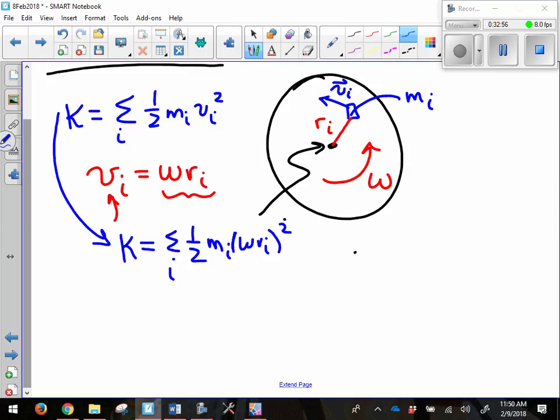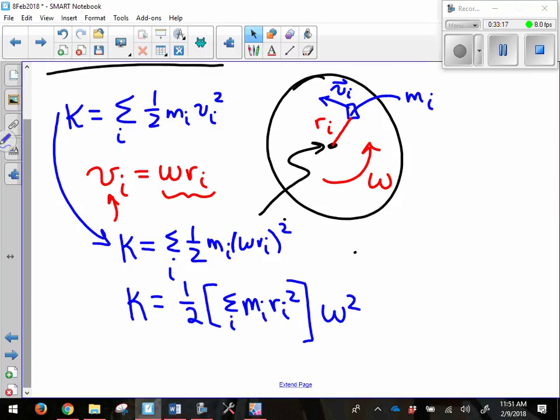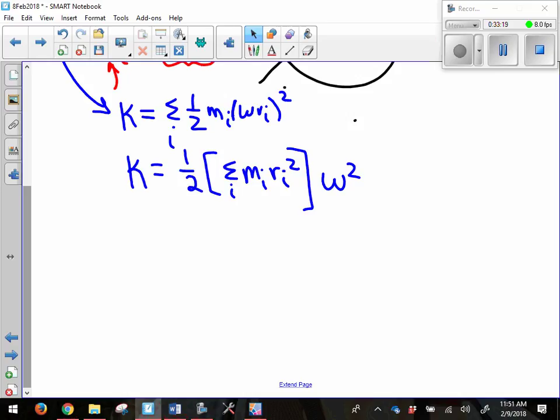Just substituting in for vi. I'm going to pull out my 1/2 because it's in every term. So then I have my summation over i of mi ri squared. And I'm going to pull out my omega squared because, again, that's in every term.